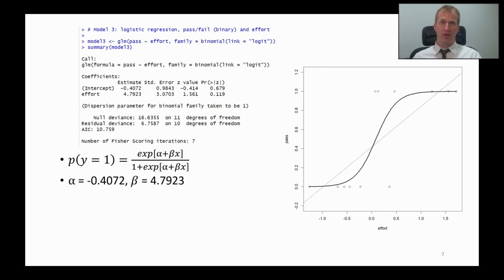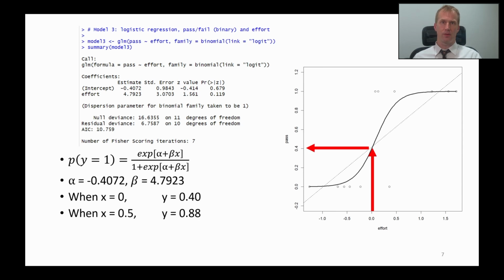We could plug our estimates of alpha, minus 0.4072, and beta, 4.7923, into the regression equation. When x equals 0, we get a predicted probability of 0.40 for y. When x equals 0.5, we get a predicted probability of 0.88 for y.